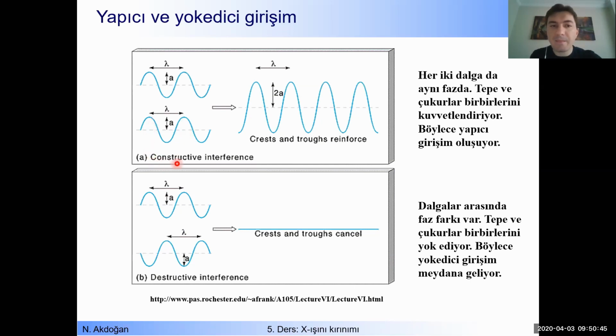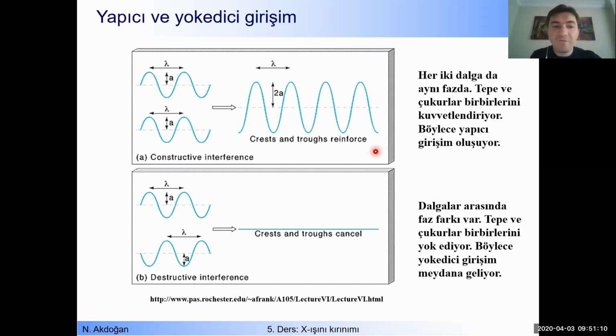So they produce a constructive interference. The wavelength does not change and they have doubled amplitude. So crests and troughs, okay, these points and these points reinforce each other. This is the reinforcement we have discussed during the last transparency.